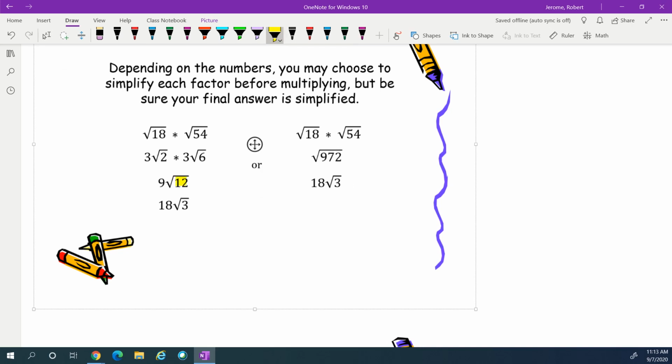Once I got that 12, I have to check, does that answer simplify again? So I might have to simplify more than once. In the second example, I'm only going to have to simplify once, but the number is much bigger, which means there's much more room for mistake. I get the same answer. It is personal preference.